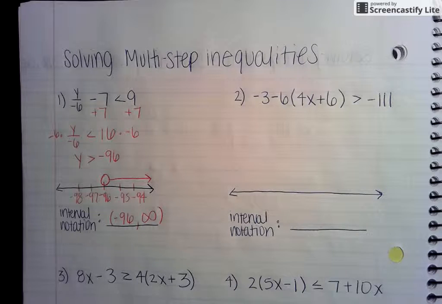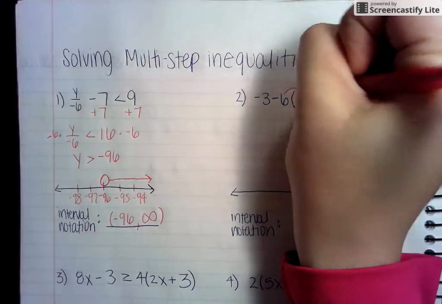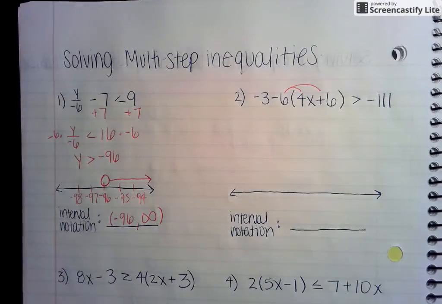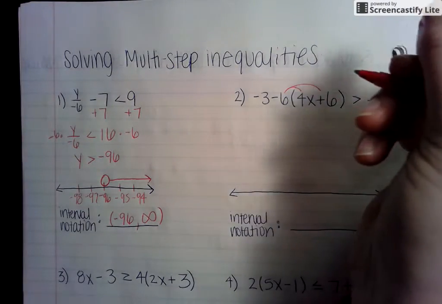This next one reads -3 minus 6 times 4x plus 6 is greater than -111. So our first step always is to get rid of those parentheses. So I'm going to distribute that -6 to the 4x and the positive 6.